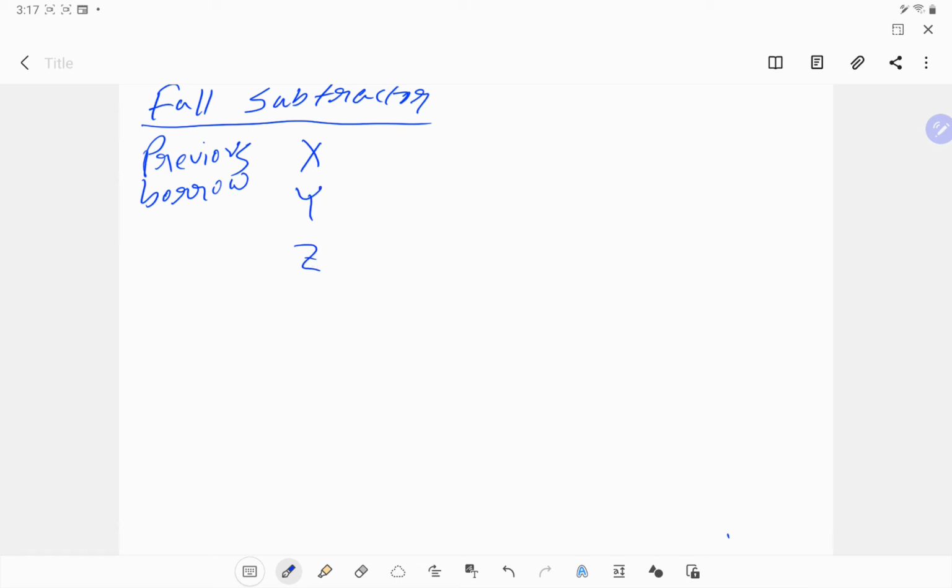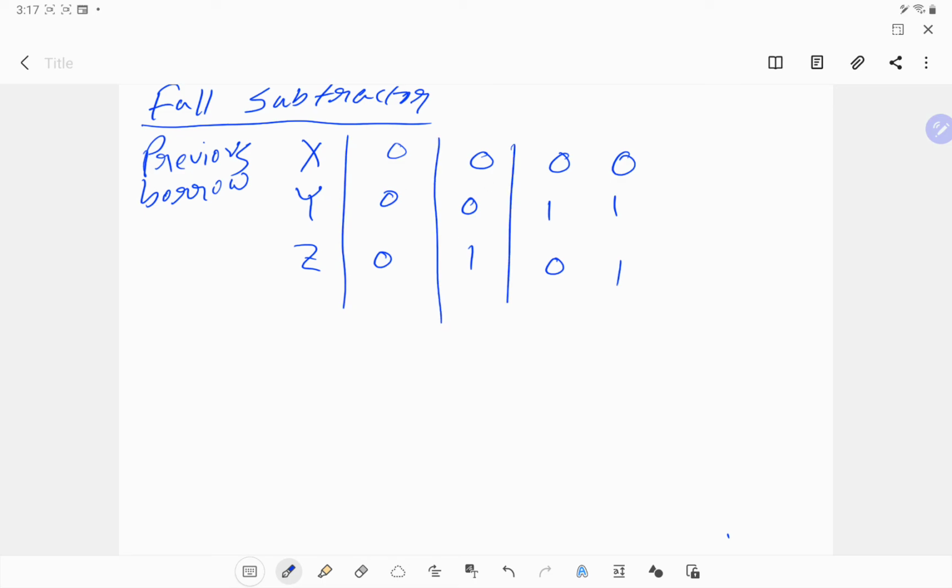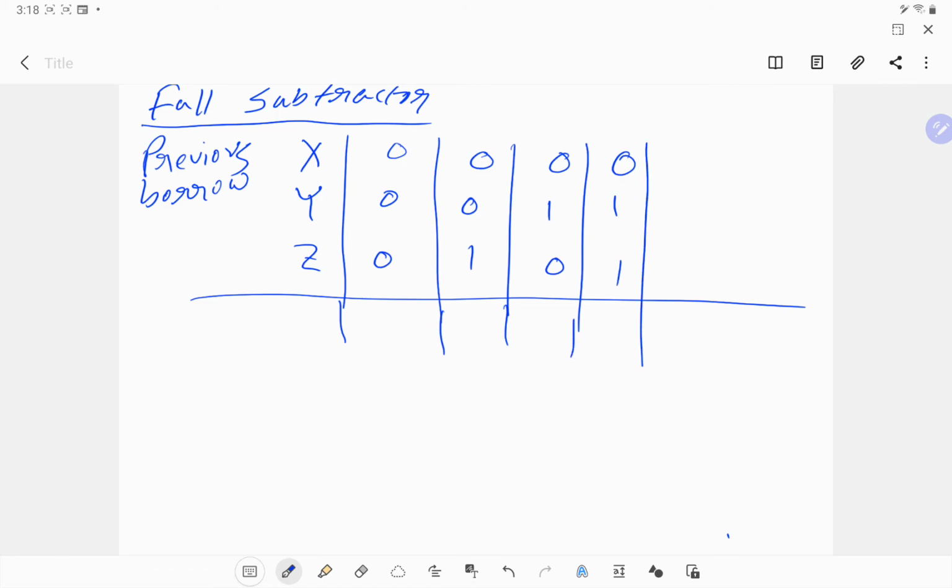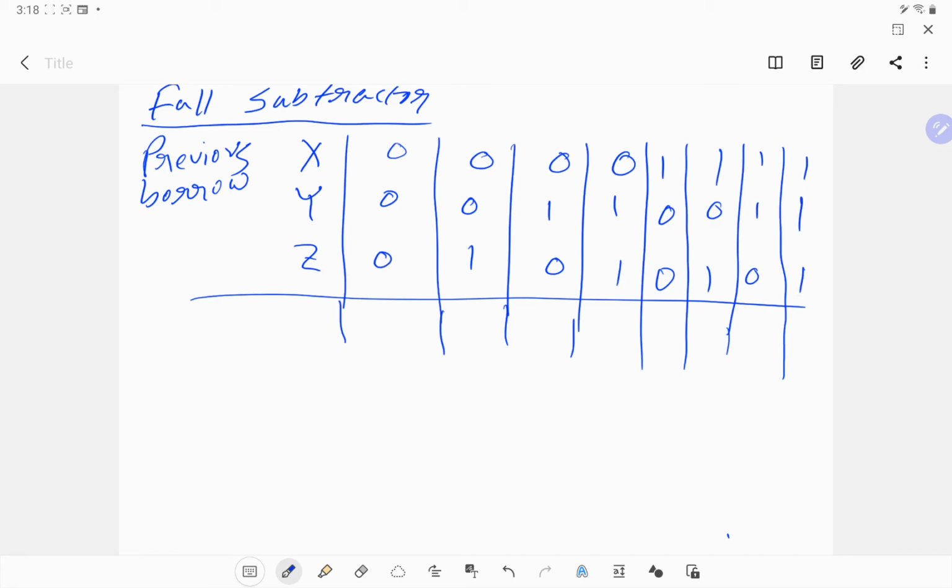So now we'll have 8 combinations in this case: 0, 0, 0, 0, 0, 1, 0, 1, 0, 0, 1, 1, 1, 0, 0, 1, 0, 1, 1, 1, 0, 1, 1, 1.